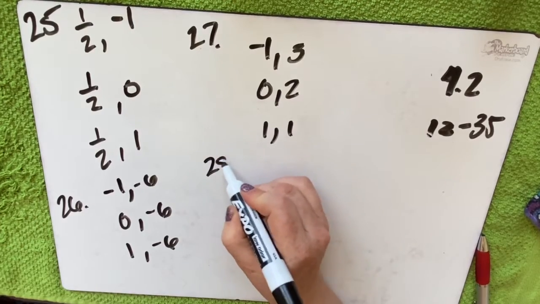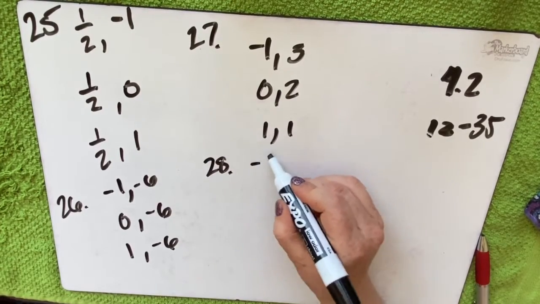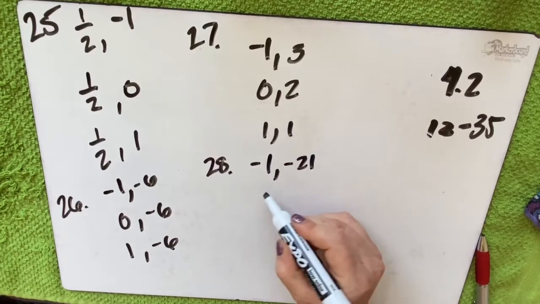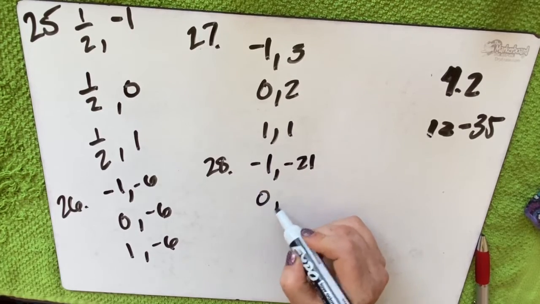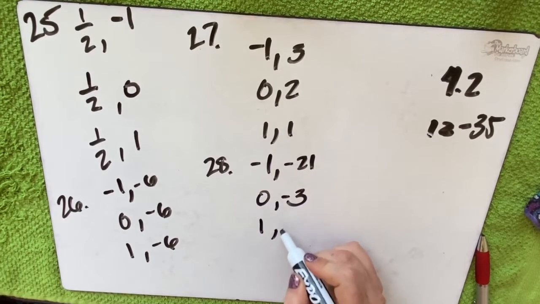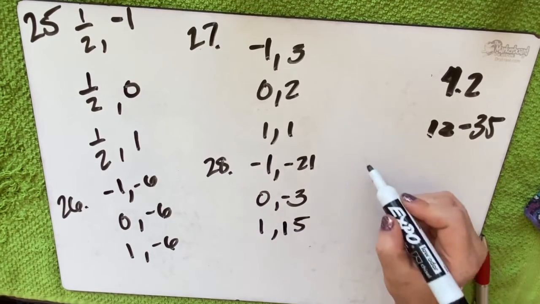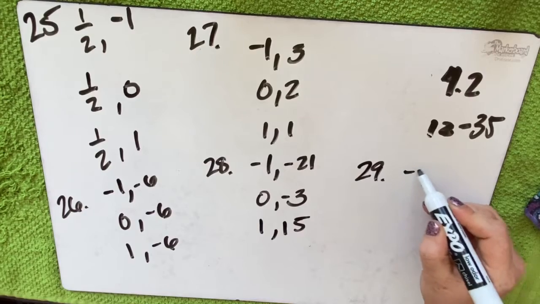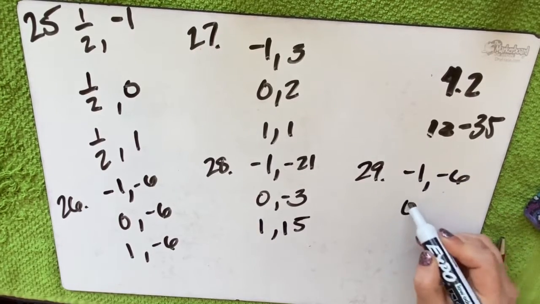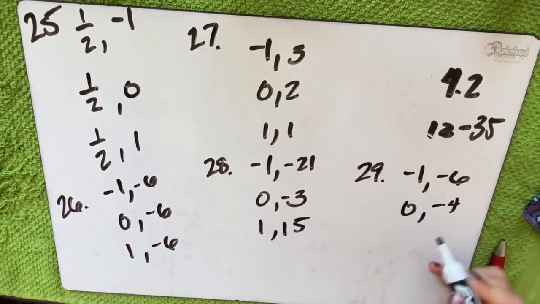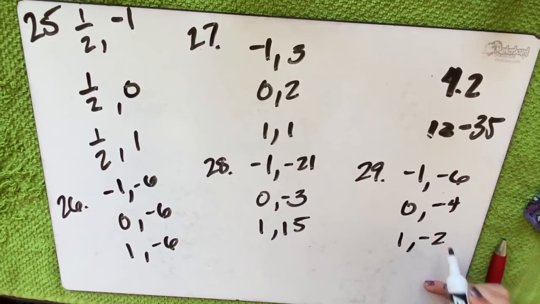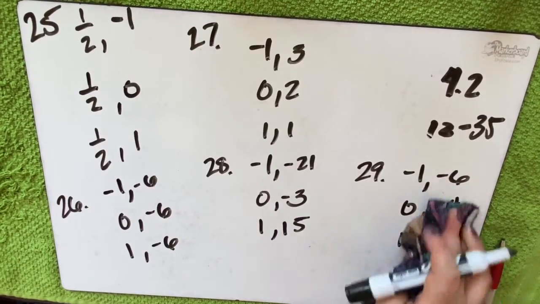Okay, 28. -1, -21. 0, -3, 1, 15. Okay, 29. -1, -6, 0, -4, 1, -2. Okay, that's 29.